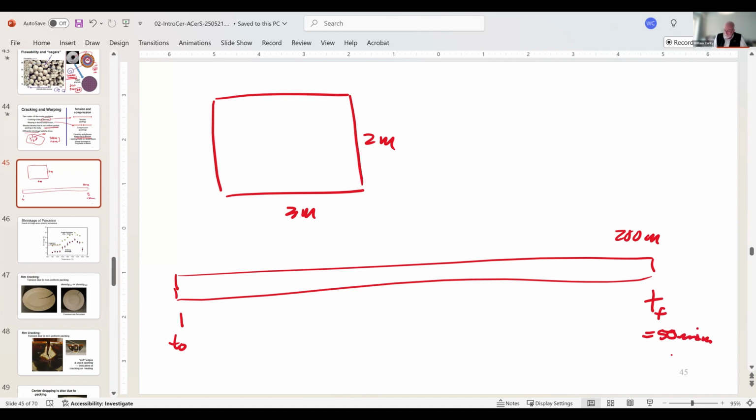Minutes, not hours. My peak temperature is 1250 degrees C. My rollers are in here. They're, of course, much smaller and much closer together. My tile sits on here like this, and it's being propelled through this furnace. And so you could say I'm doing roughly 200 meters per hour.